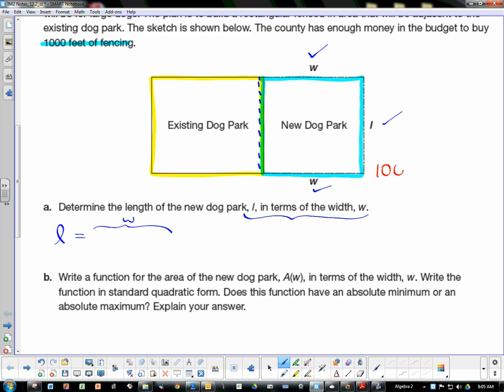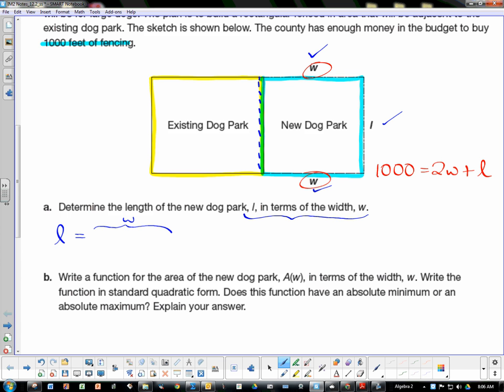Okay, so we have 1,000 feet of fencing. Is that going to equal something? That's going to equal 2 times the width, because we have 2 of them. But plus, should it be 2L or 1L? 1L, yeah. Let me make a cursive L so it doesn't look like a 1.